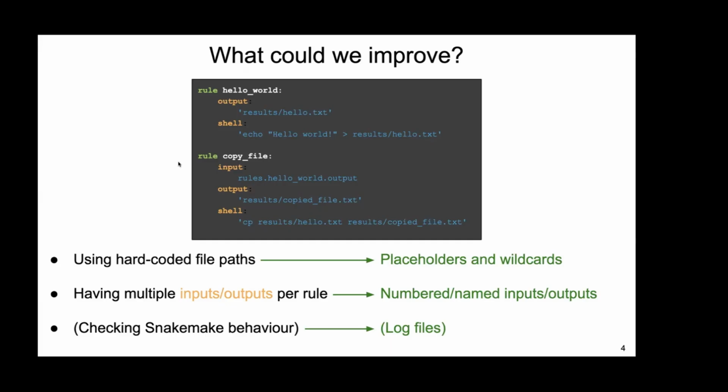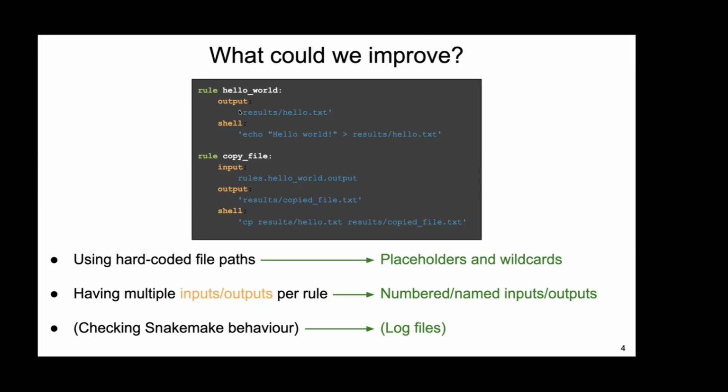So the first thing we're going to focus on is the usage, or avoiding the usage, of hard-coded file paths as much as possible. And by that I mean that if you look at the rules in this little workflow, both in the output and in the shell directives, we have paths that are hard-coded. So they are written there as a string. And while this is valid and this works, there are ways to make our workflow more robust to problems that can arise from this.